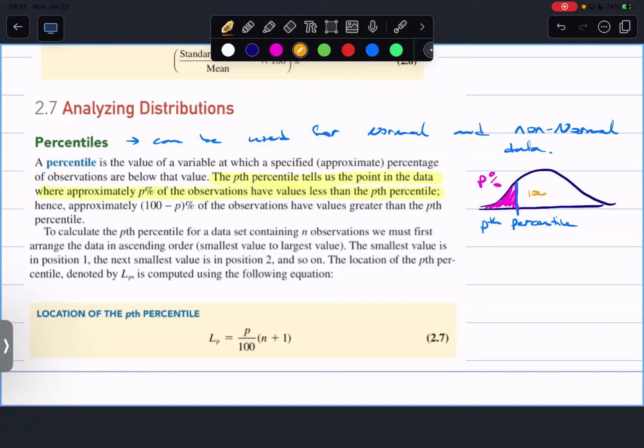So here you've got 100 minus P%, which means you're going to have 100% underneath the curve in total. But one of the biggest mistakes that people make is you say, oh, I scored, you wrote your SATs, or whatever the provincials are these days, you scored in the 5th percentile.